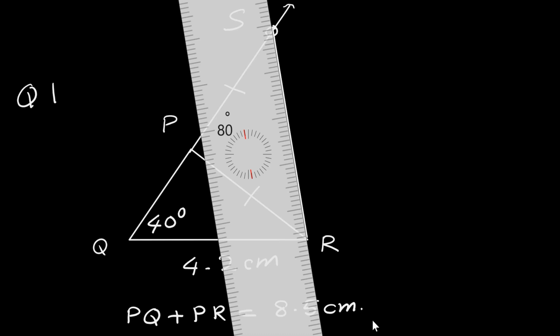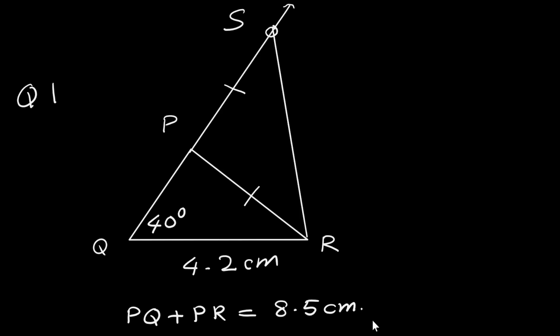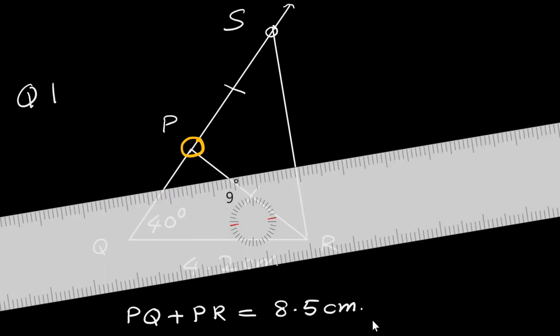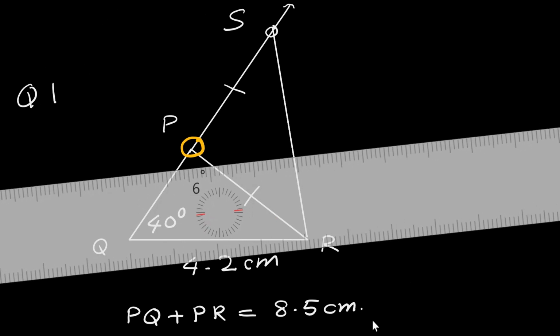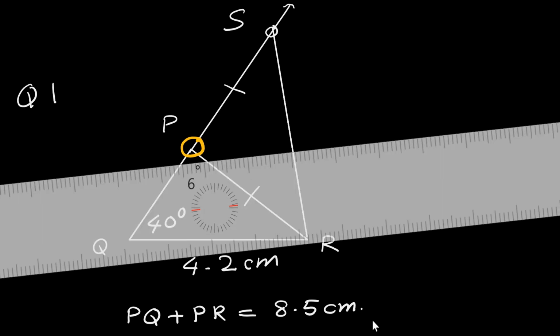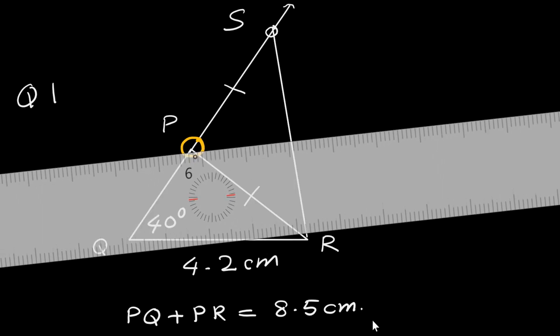or on points S and R? PS is equal to PR. So what is the condition on point P? P is equidistant from S and R. If a point is equidistant from the endpoints of a segment, then it lies on the perpendicular bisector of that segment.